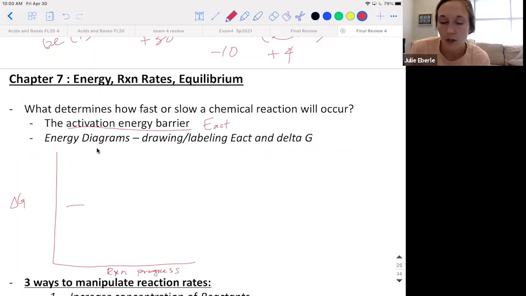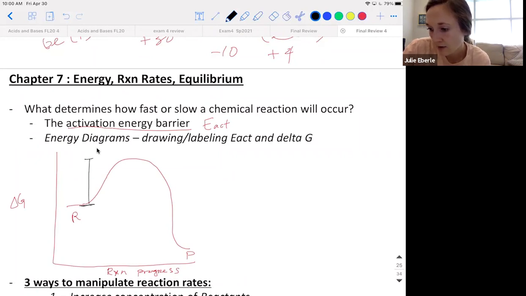So if you have some energy level for your reactants here, and you have a really high energy barrier before you go and make products, okay, here is my activation energy. I start with the level of my reactants and I climb up to the peak. This is my activation energy. That reaction would be slower than a reaction, say, where my activation energy is like this.